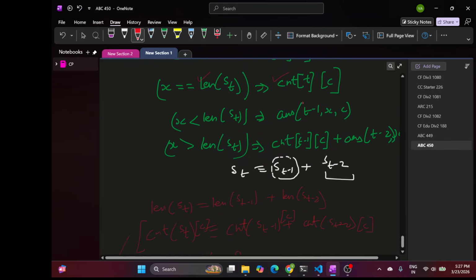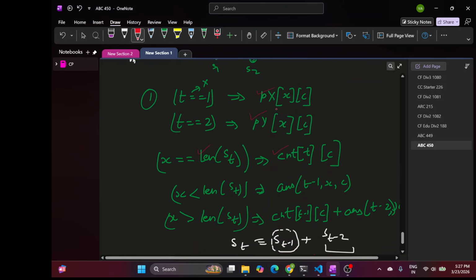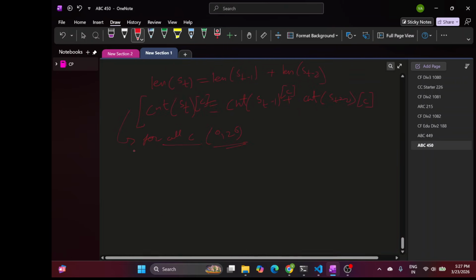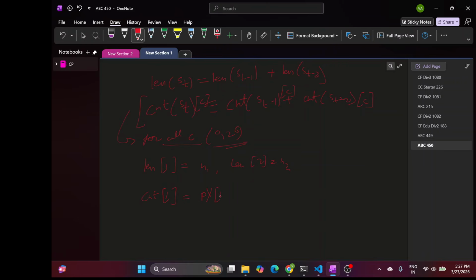So we can get the count vector like this, the answer vector like this, and we know that length of 1 is n1, length of 2 is n2, and we also know that count of 1 is px of n1 minus 1, and count of 2 is py of n1 minus 1, right?